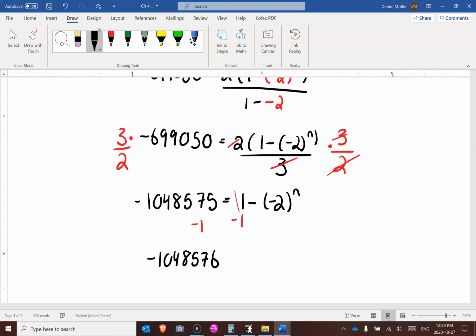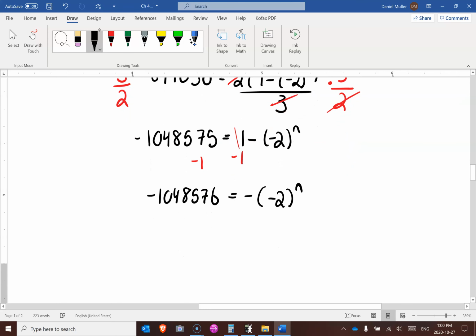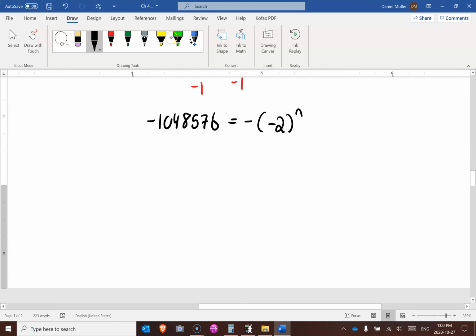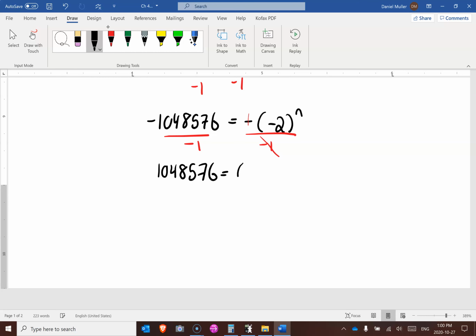They're both negative, so they joined together, making it more negative. Negative bracket -2 to the n. Now I got to get rid of this negative out in front, so divide by -1 on both sides. It can't get rid of the inside one, but it can get rid of the outside one. So 1,048,576 equals -2 to the n.